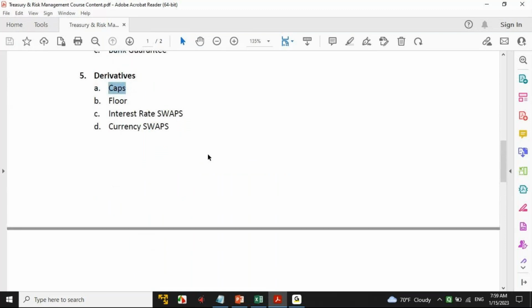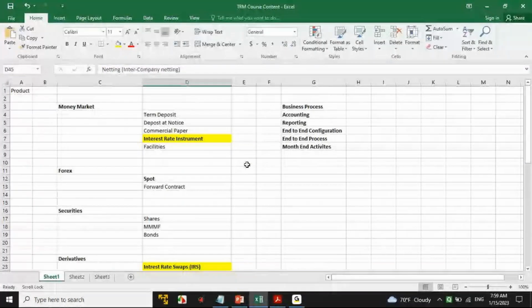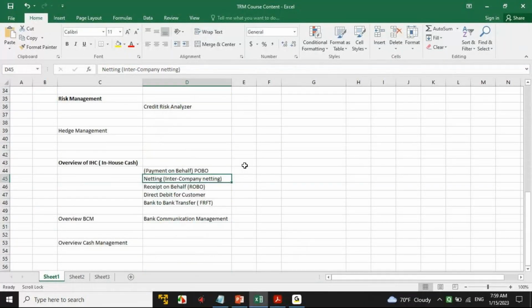We'll do the configuration of the enterprise structure right from scratch. We'll create an organization structure, create a new product type, and try to understand all these things. Not only this, we also discuss an overview of in-house cash, an overview of BCM, bank communication management, and an overview of cash management.